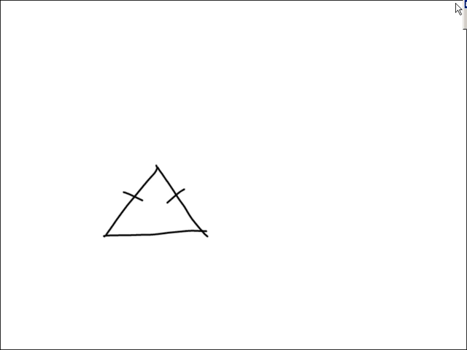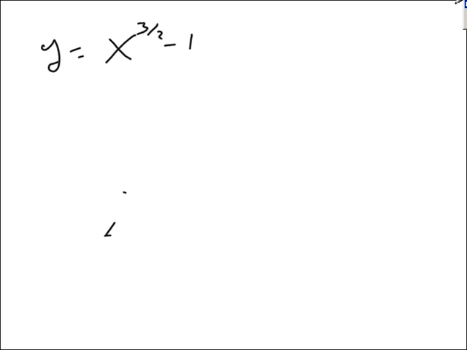Let's try one more. I'll give you the function, and I'll give you the interval. y equals x to the 3/2 minus 1. And we want to find the arc length of that from 0 to 4. Well, the derivative is 3/2 x to the 1/2.